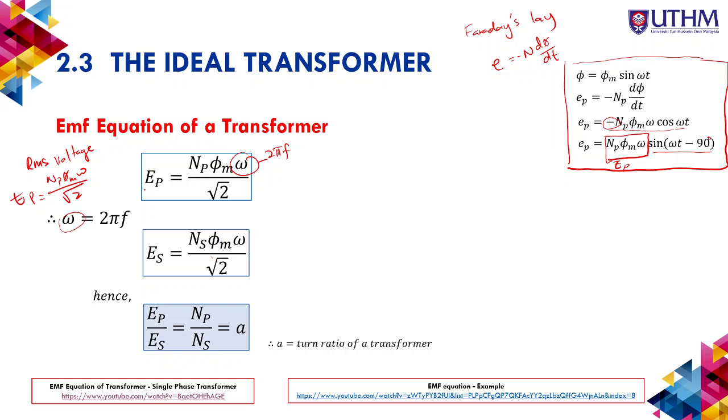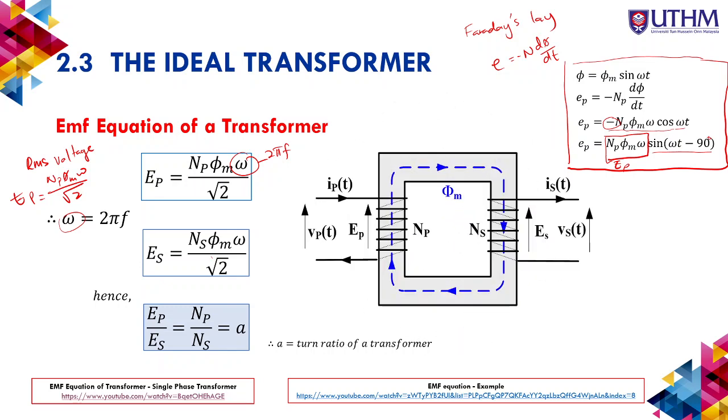And then we also can use, oh, where is the picture? So then you can see the Vp and the induced voltage. We can say this is the voltage supply and Ep is the induced voltage.